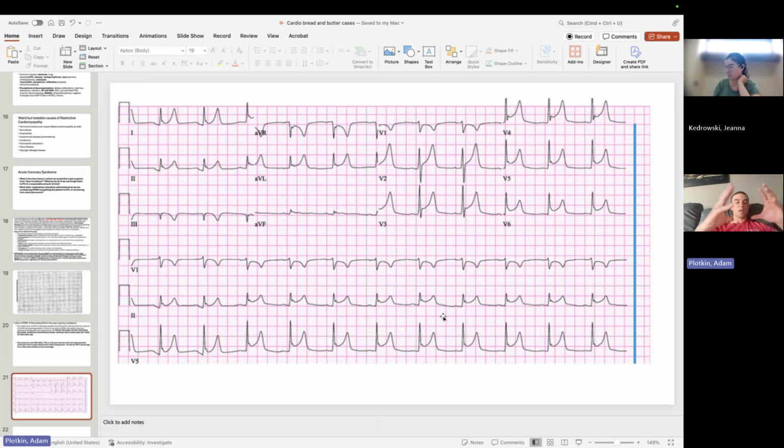If we look down the limb lead, or the lead that shows us our entire V5 down here, we get a full look. This QRS will be tall, this one's short. This one tall, this one's short. So that's electrical alternans.